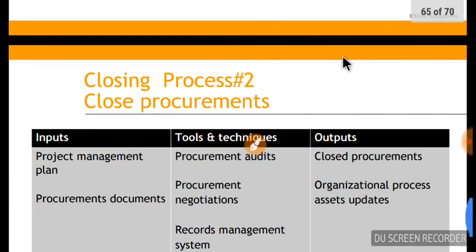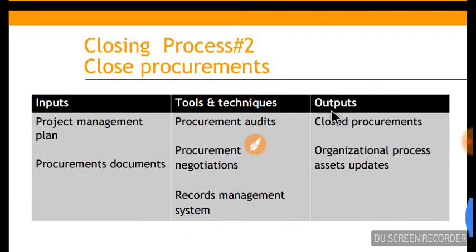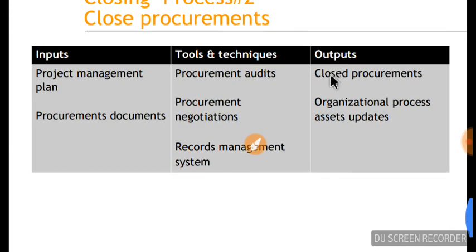Then the second process under closing is close procurements. On the input side, we have the project management plan and procurement documents. The tools include procurement audits to see how much is delivered, how much is rejected, and penalty clauses, all those things.